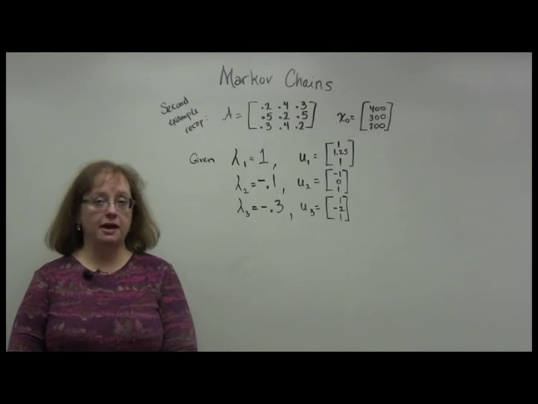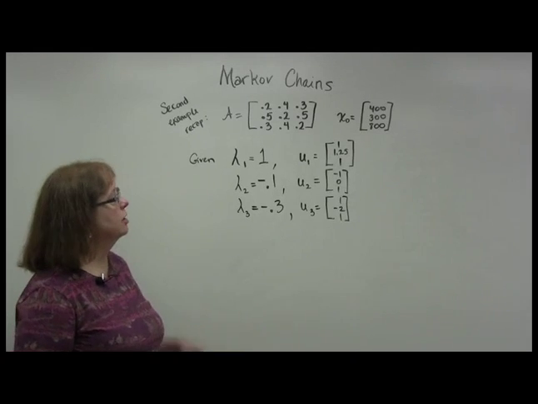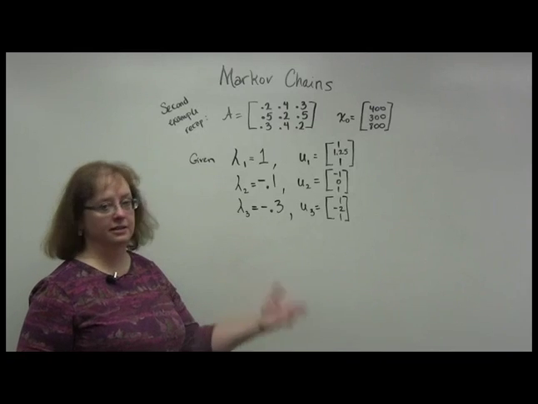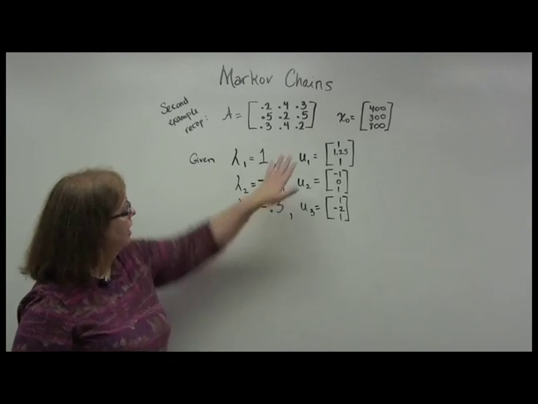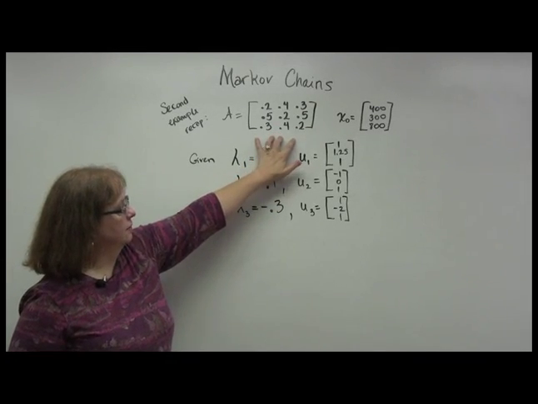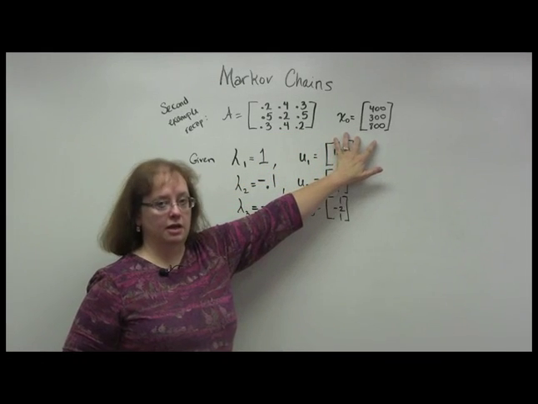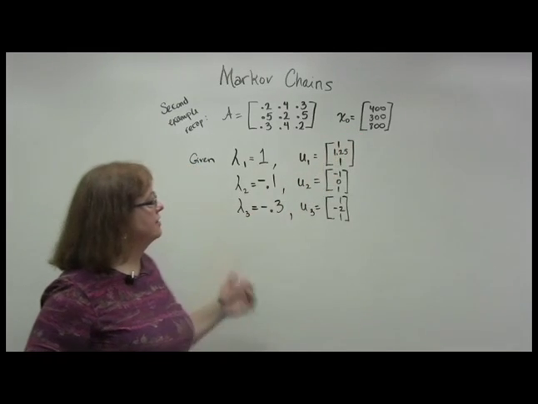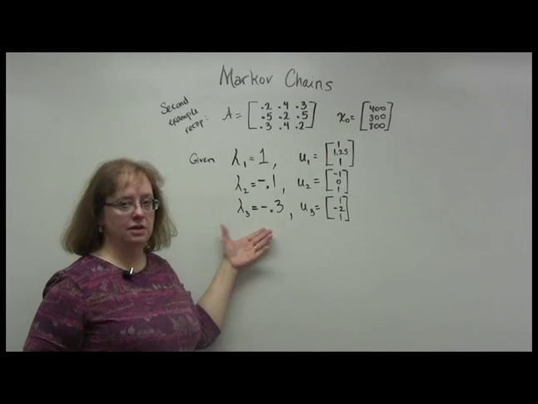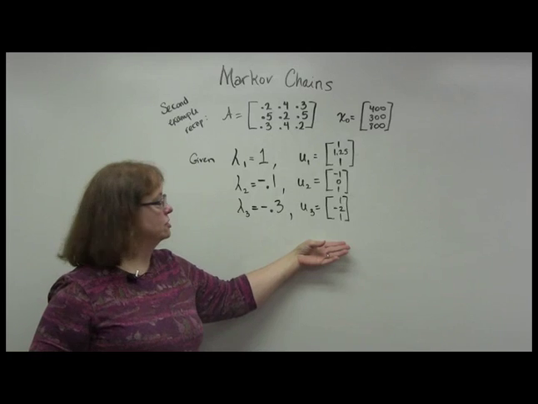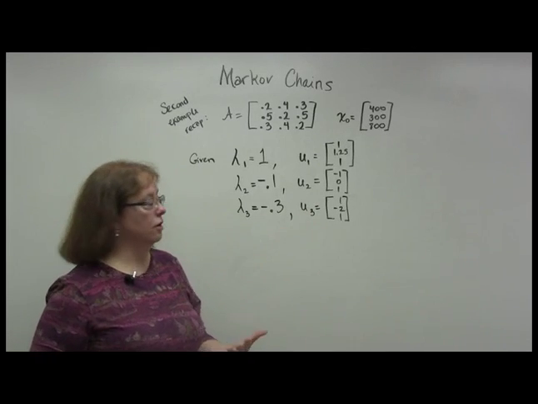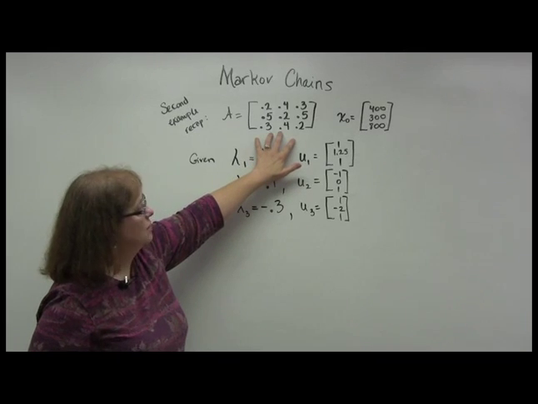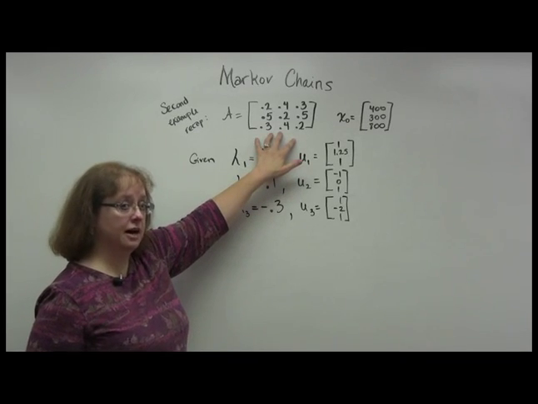So let's take a look back at that second example we did. This was the one where we had birds flying all around from island X to island Y to island Z and back and forth. We had a transition matrix as given. We had our initial state vector, 400, 300, 800. And let's say that I gave you eigenvalues and corresponding eigenvectors for this situation. If we had to calculate these on our own, obviously it would take a lot of space, but we could calculate our eigenvalues by setting the determinant of A minus lambda I equal to 0.